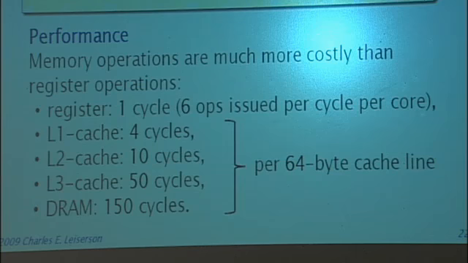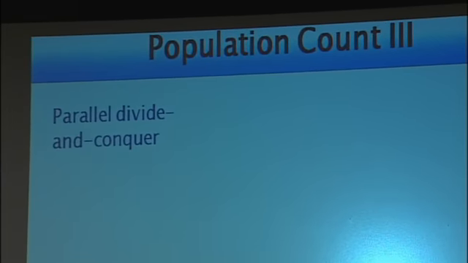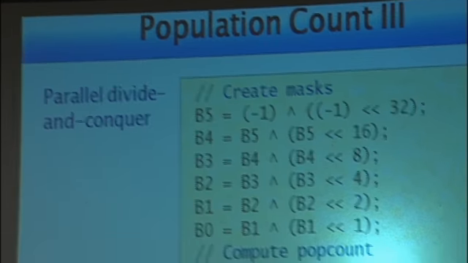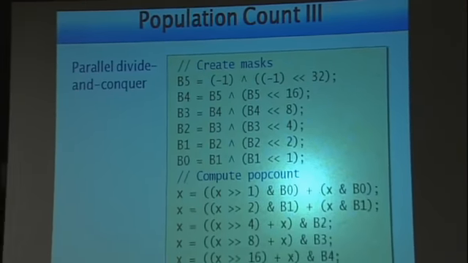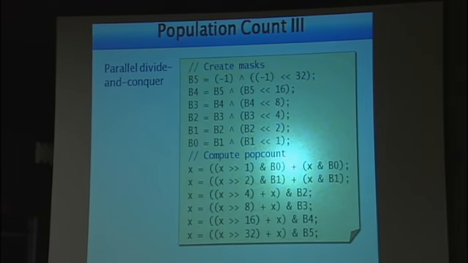Okay. Population count 3, using parallel divide and conquer. This is the clever one. Here's the code. It's all register operations, basically. It's creating some masks.